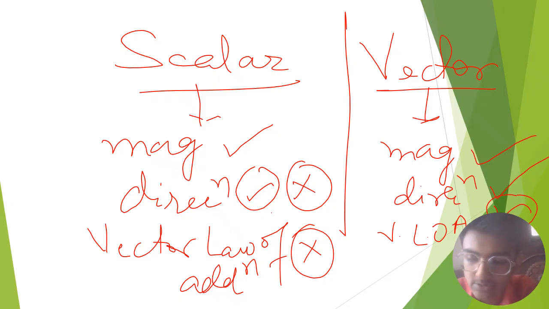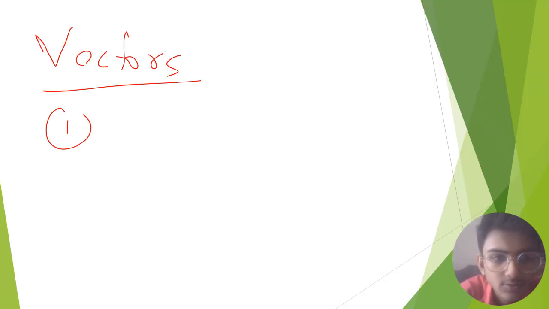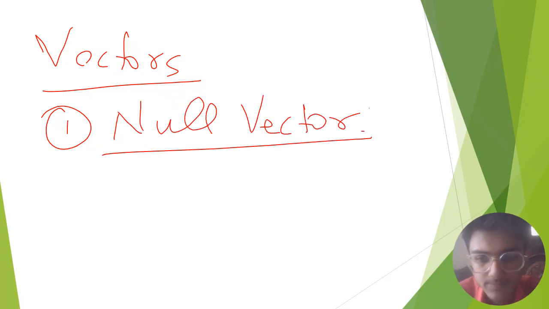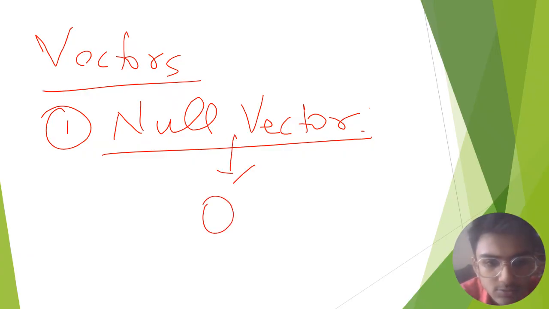Now talking about some of the types of vector. First of all, let's talk about null vector. Null vector is simply also called zero vector.